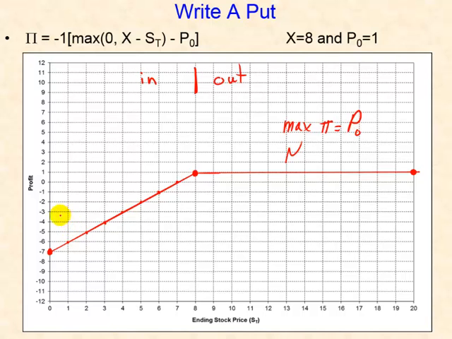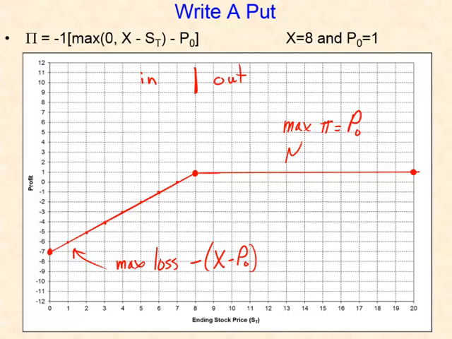Down here on the left-hand side, we can see our maximum loss. In this case, it's going to be minus the exercise price minus the initial premium. So we have 8 minus 1 is 7, with a minus sign out in front. We can lose $7. Recall that for call options, the writer of the call has an unlimited potential loss.